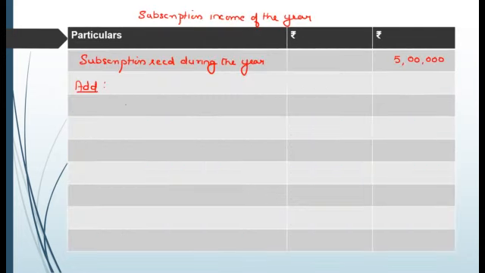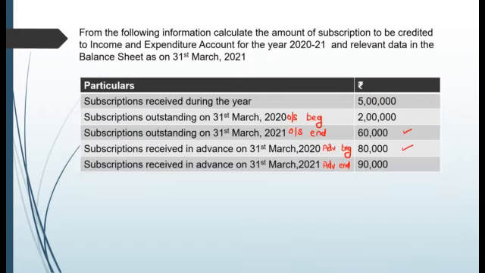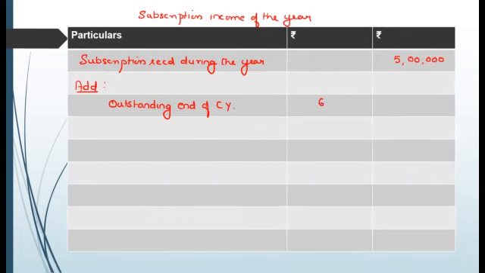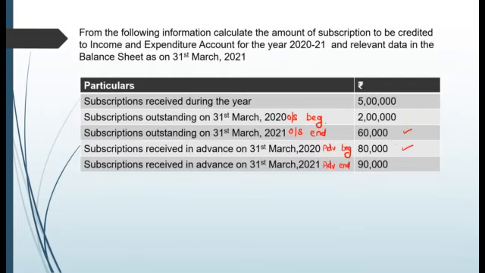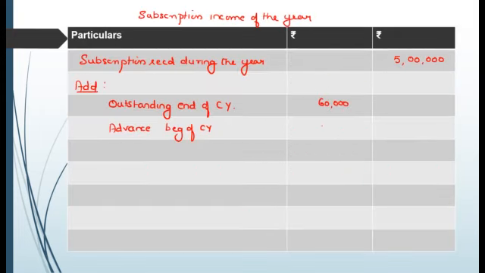So here we add outstanding at the end of the current year, which amounted to 60,000, and the advance which was received at the beginning of current year or end of the previous year, that amounted to 80,000. So we put it.